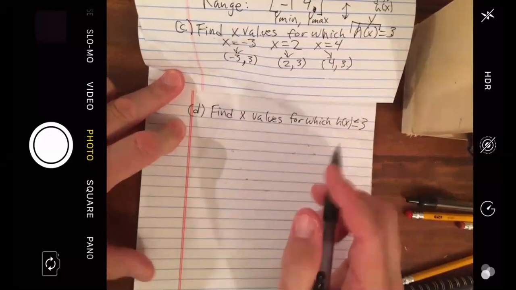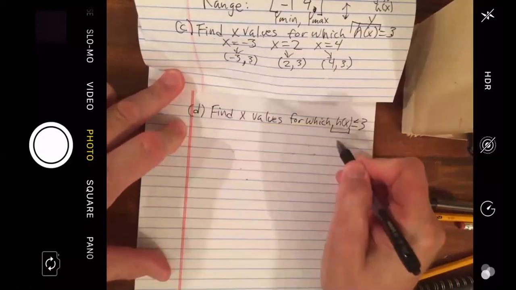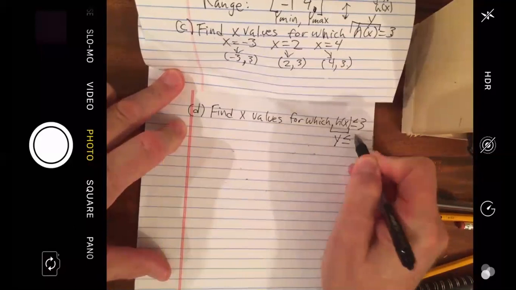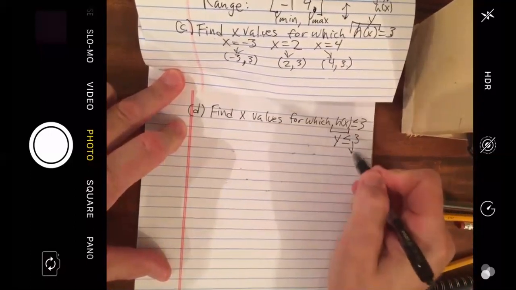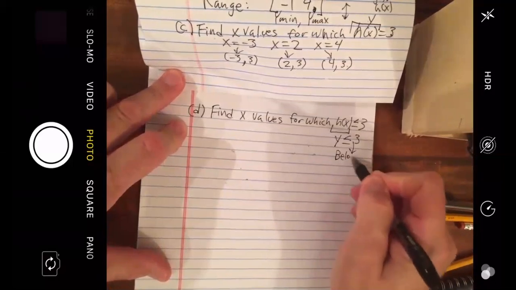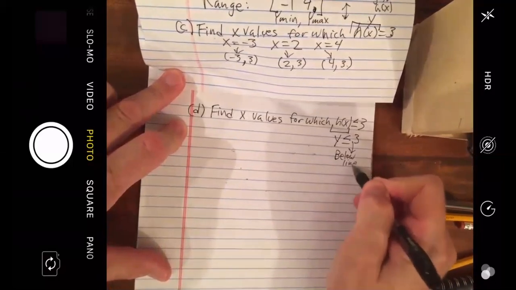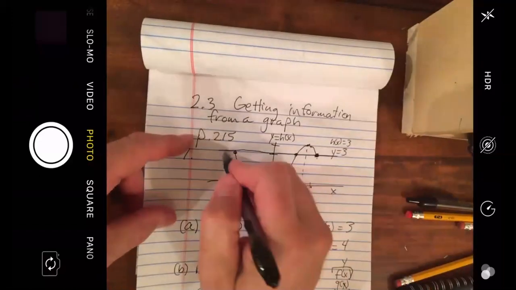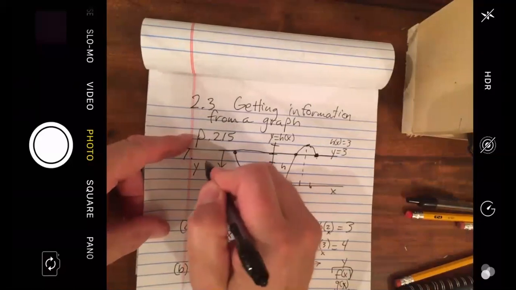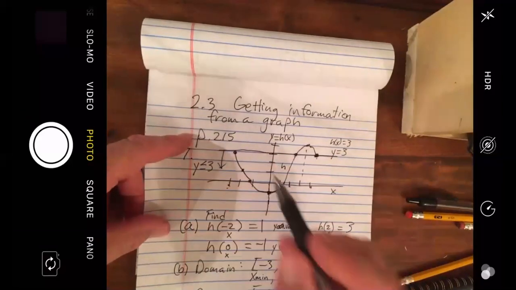This again means this entire h of x is y, then less than or equal to 3. That means you are below the line. Back to the curve. I have to redraw the graph here. You're below the line if y is less than or equal to 3.